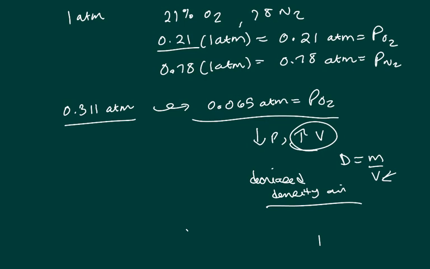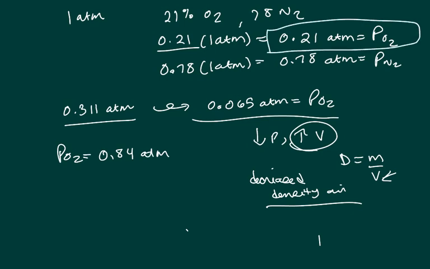If you go scuba diving and you go down below to about 4 atm of pressure, so about 30 meters or so, this will result in a partial pressure of oxygen of 0.84 atm, which is far higher than the ideal 0.21 atm.